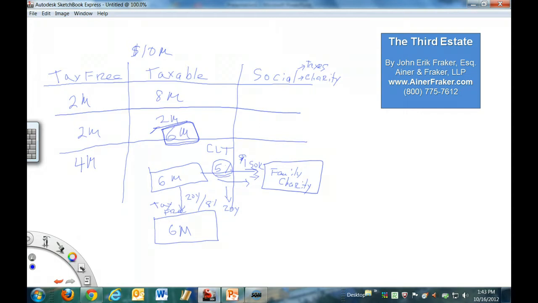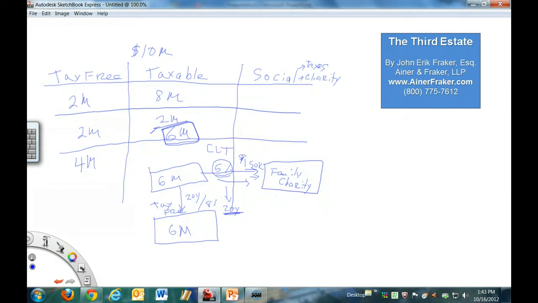So if you're in the 7 to 8% range, this $6 million is going to remain level because you're only giving annual gifts of $150,000. At the end of 20 years, the family charity will have received 20 consecutive payments of $150,000 paid annually.